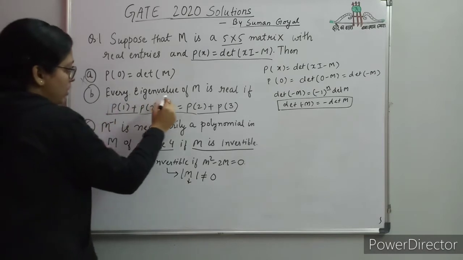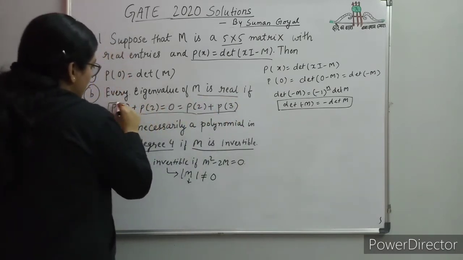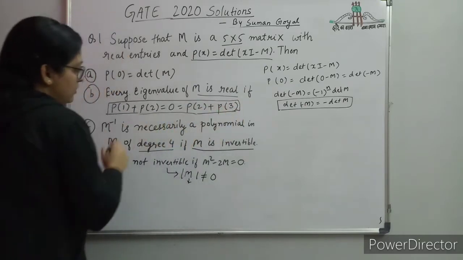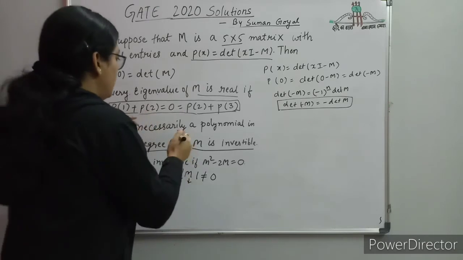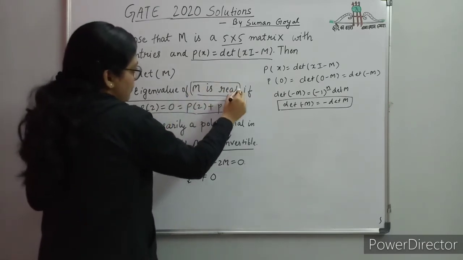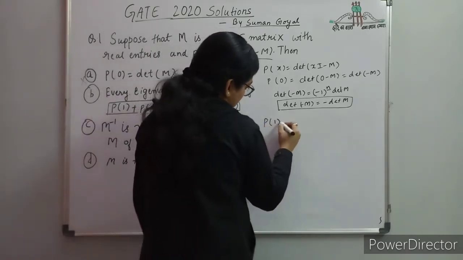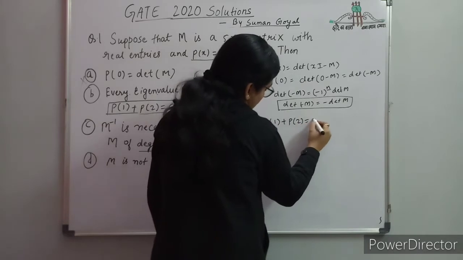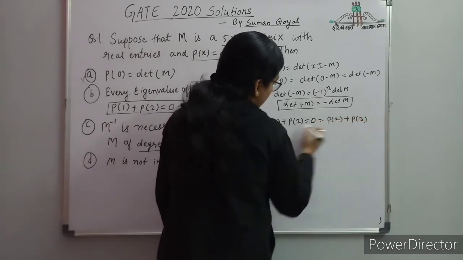Like here, every eigenvalue of M is real if this given relation holds. So what is given in this statement? If you can show that this equation holds even if the eigenvalue of M is complex, then this statement is wrong. Simply, P(1) + P(2) = 0 = P(2) + P(3). What is P(1)?